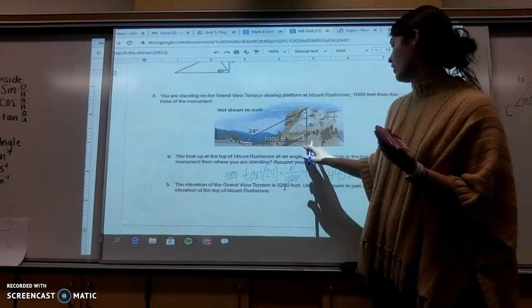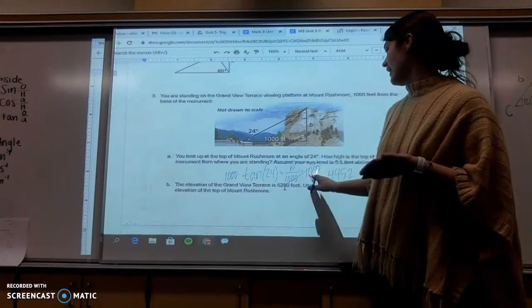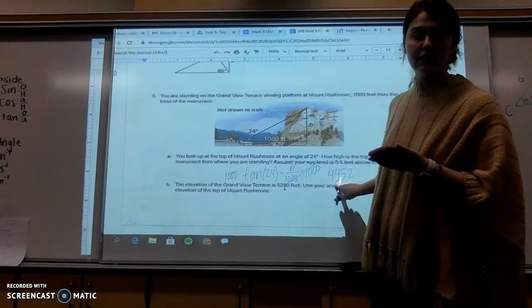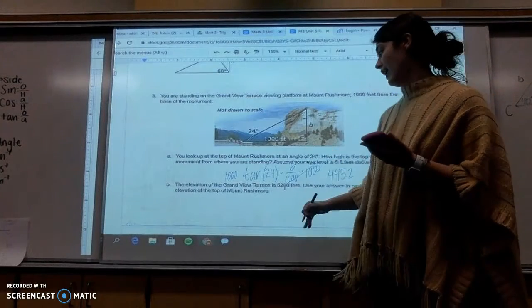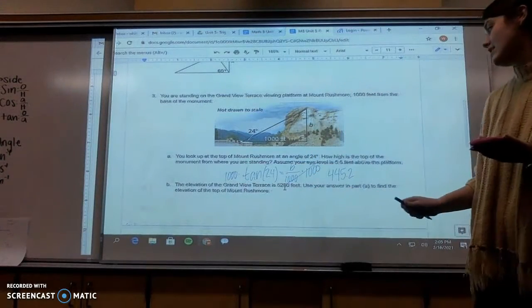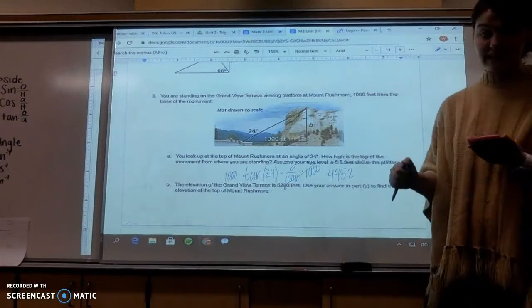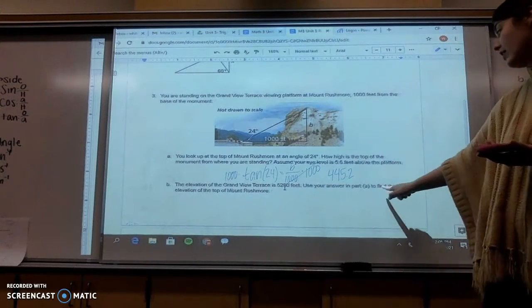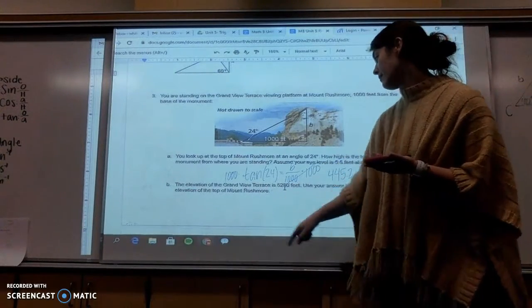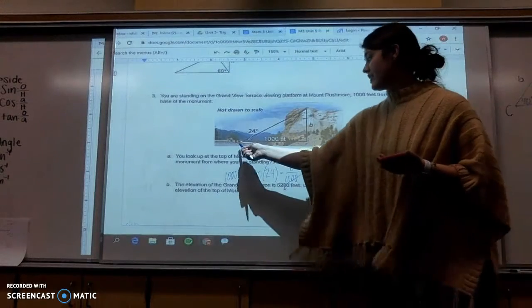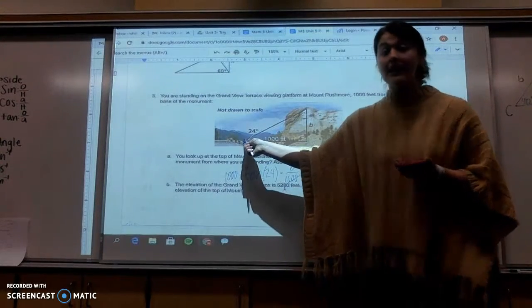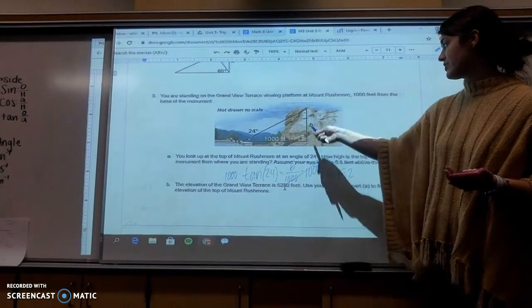Again, not trying to scale, but if this were to be there, it is 445.2 feet up. Okay, the elevation of the ground is 5280 feet. Use your answer from part A to find the elevation of the top of Mount Rushmore. So down here is 5280. I need to add this number to get up there.